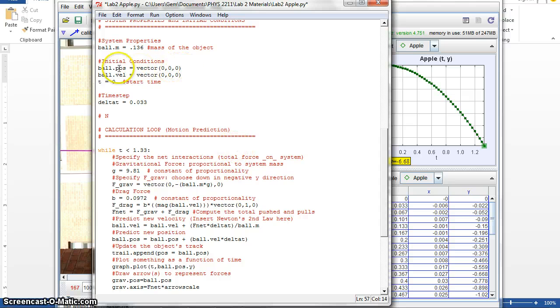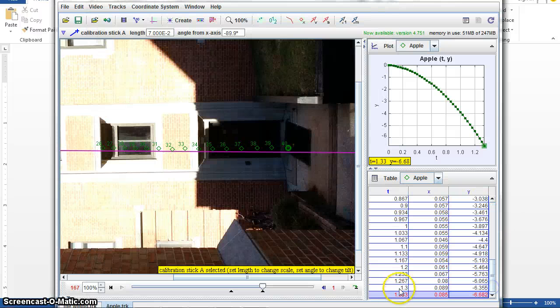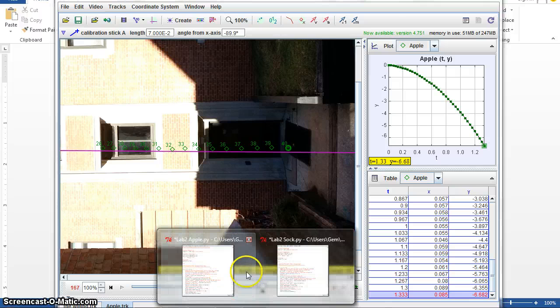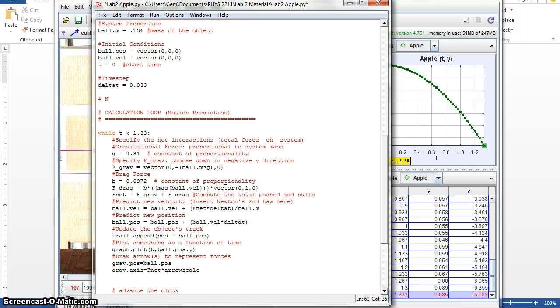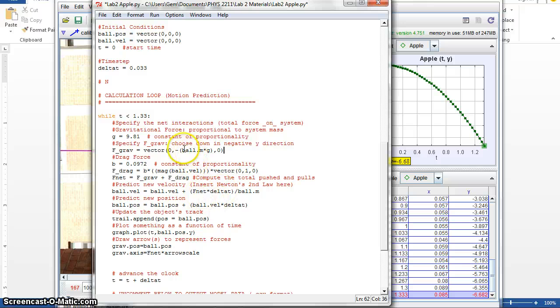I used the initial position of 0, 0, which is the origin, and the initial velocity of 0, as at rest, and the time step as 0.033 as seen in the tracker. The total time of this was 1.33, so I also used that as the total time for this computational model. First, I will show you the one that has no drag force yet, so the B value will be 0.